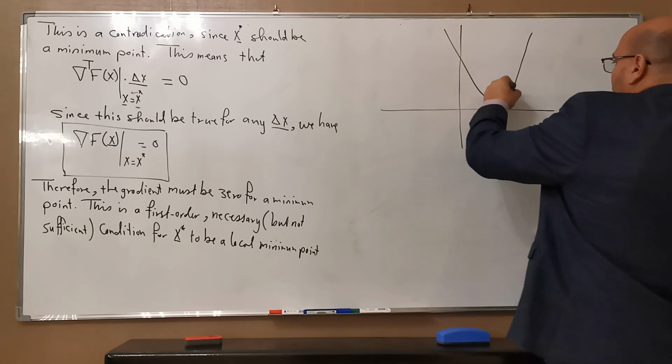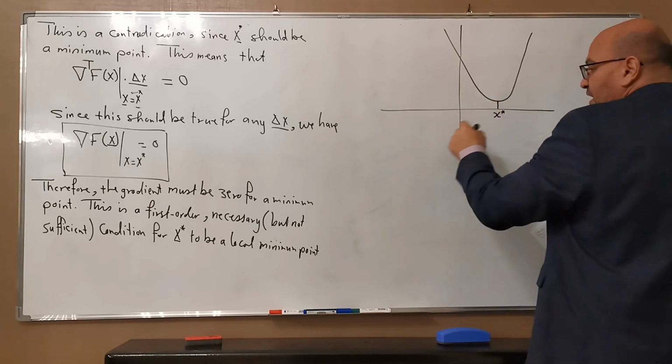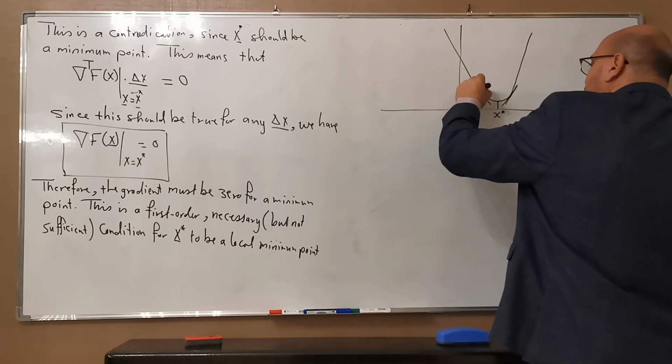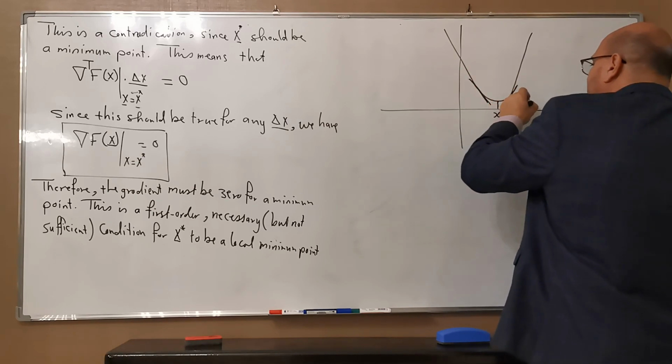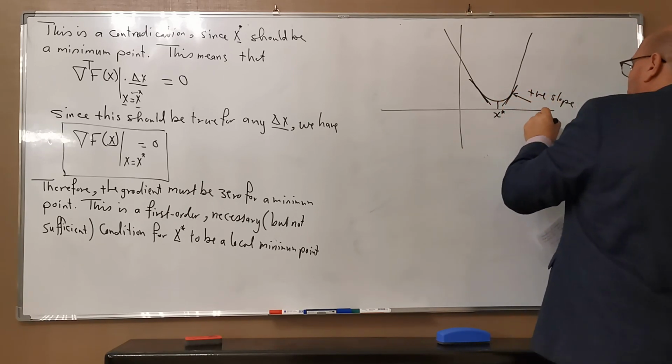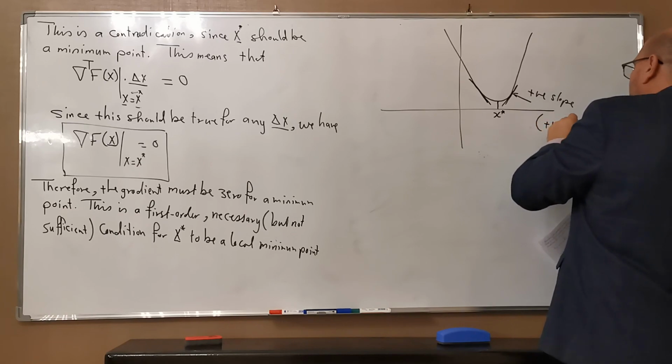Now, the gradient here is just the slope, so this is your slope at this point. So the slope here is positive slope, which means that you have positive gradient.